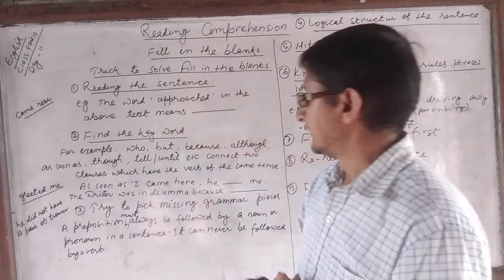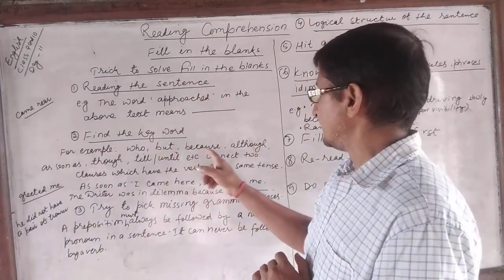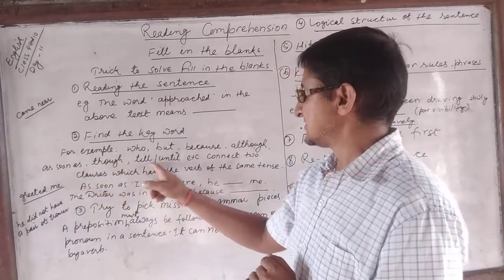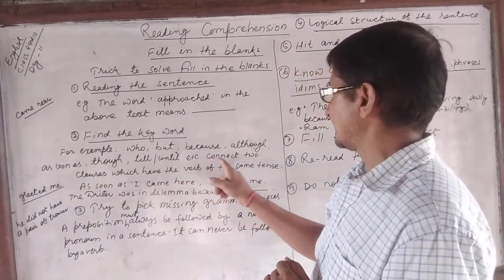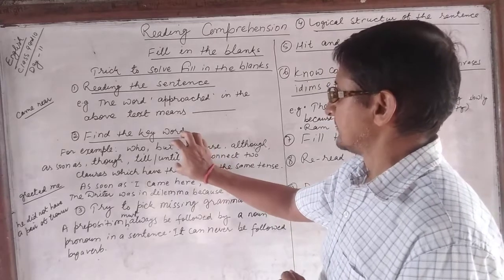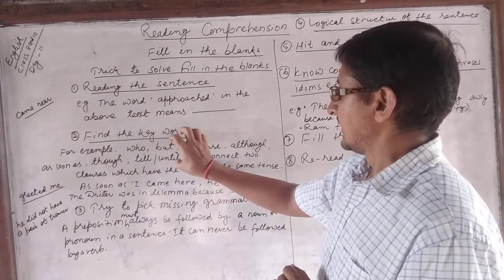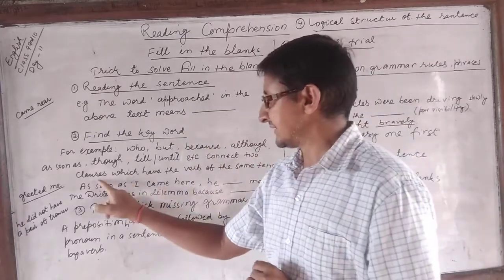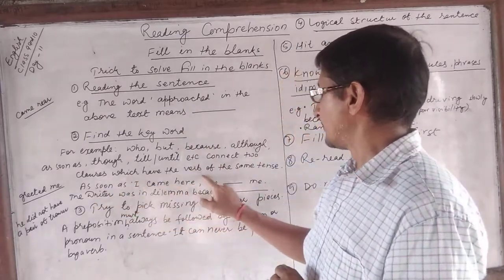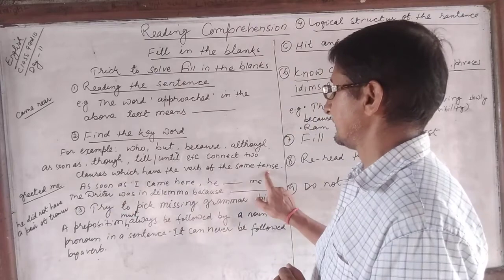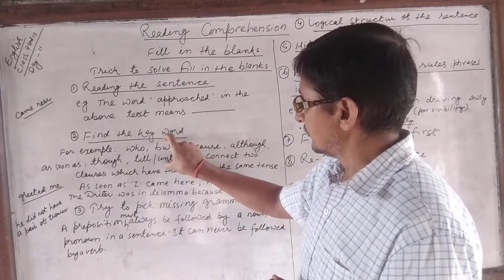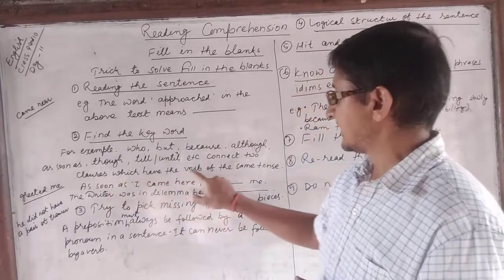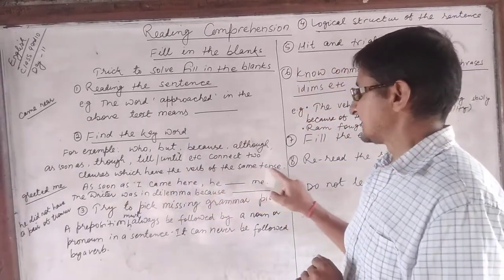For example: who, but, because, although, as soon as, though, till, until, etc. These keywords connect two clauses which have verbs of the same tense.